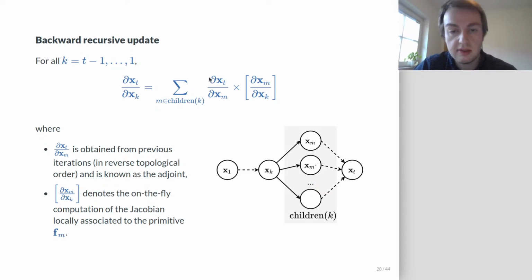And these quantities in the scientific literature are called the adjoint vector. Then this bracket notation again denotes the on-the-fly computation of the Jacobian, which is locally associated to the primitive fm that you have used to compute xm, using the values xk as one of the arguments.